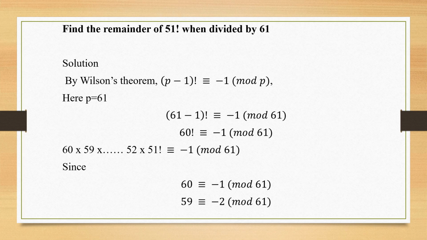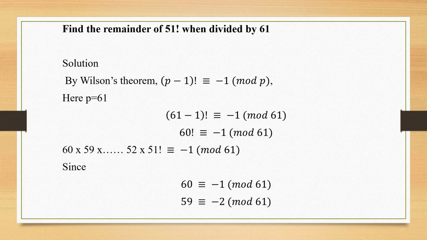First let me start with 60. 60 is congruent to minus 1 mod 61. How did I get this minus 1? Because 60 is 1 short of 61, meaning less than it. If it were 61, I could write the remainder as 0.